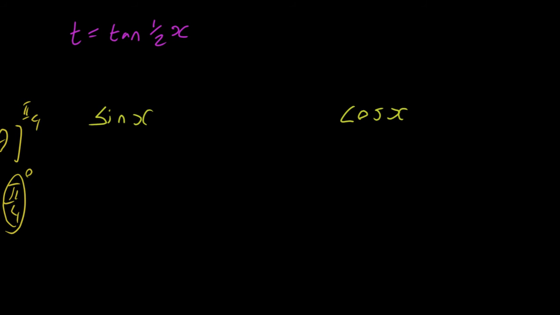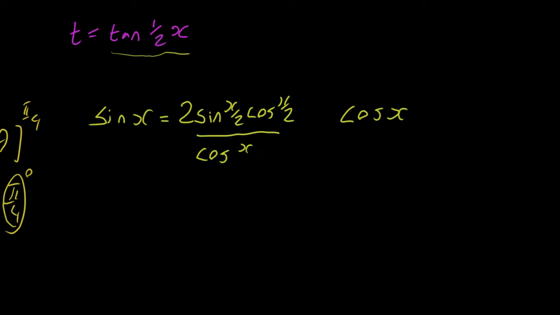Basically, if we have tan a half x here, you can use the half angle formula to write sine x as 2 sine x over 2 cos of x over 2. Now the neat trick here is to divide and multiply by cos. In other words, we're not changing this expression.